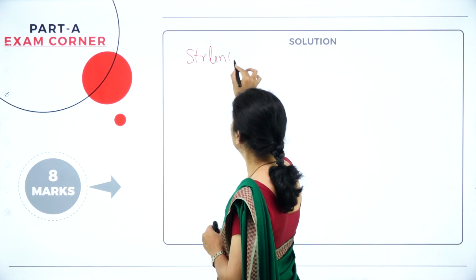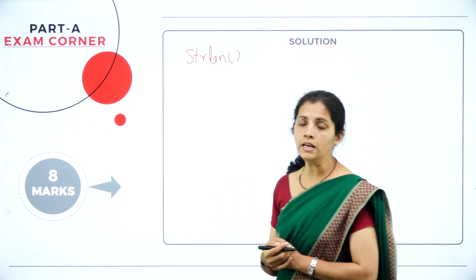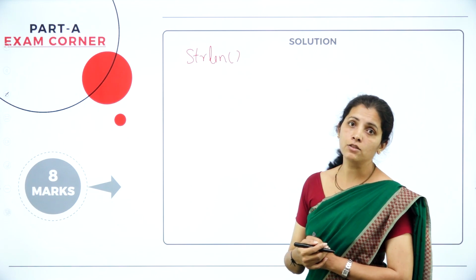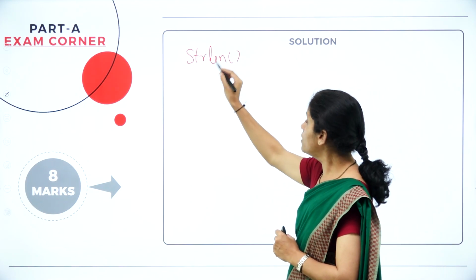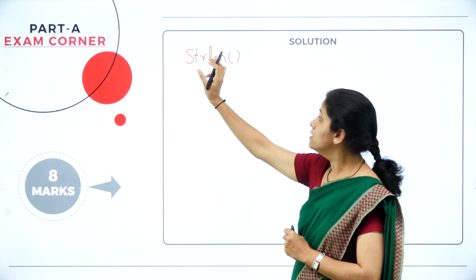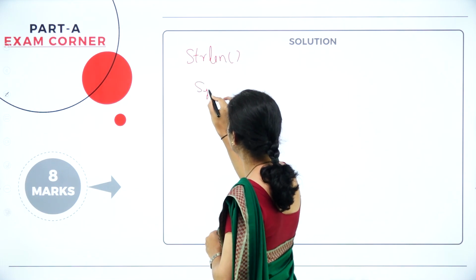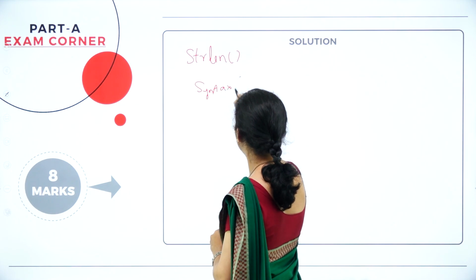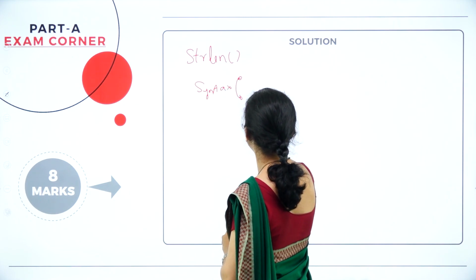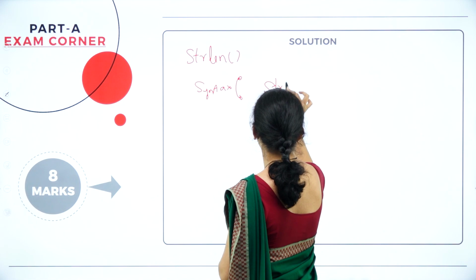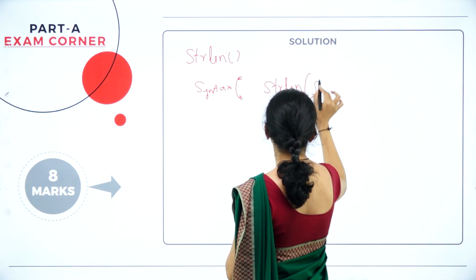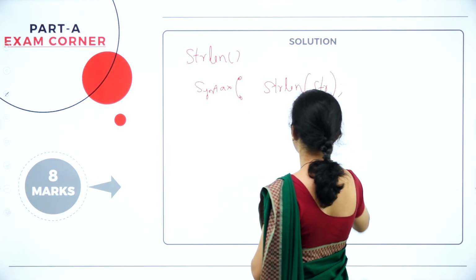strlen. Okay, so what is strlen? It returns the length of the string. So first you have to write the string length function, then write the syntax. Syntax: strlen takes an argument.